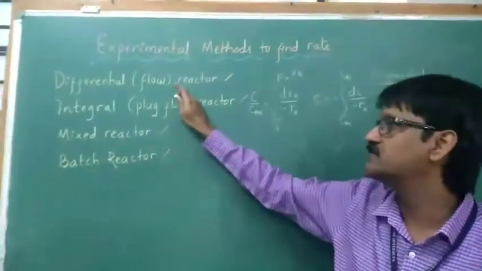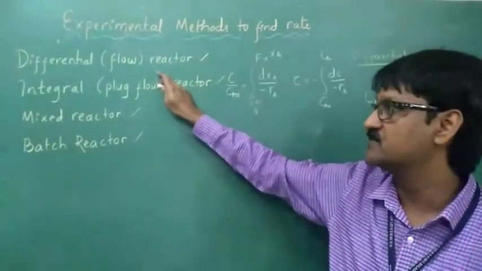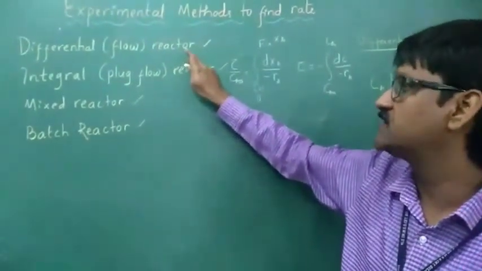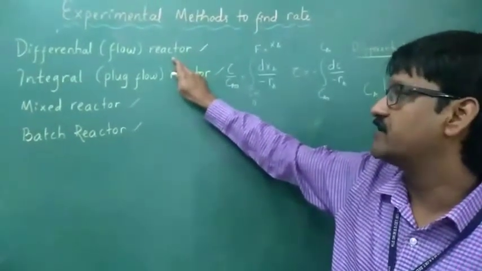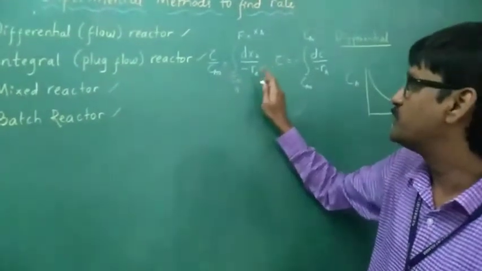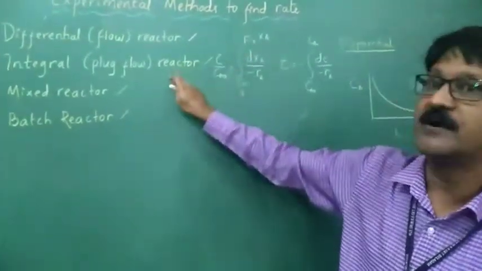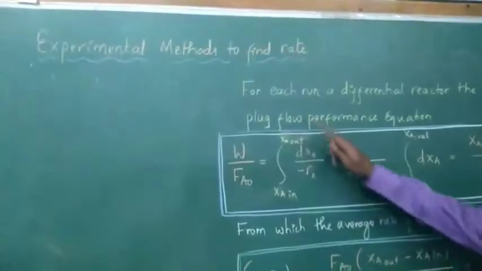These things need to be understood before starting the differential analysis. Differential analysis requires a huge quantity of data to predict a rate equation, but in the integral method we use a particular equation to fit the data. This is the difference between differential and integral methods of analysis.